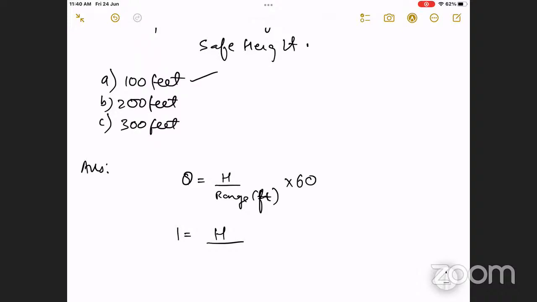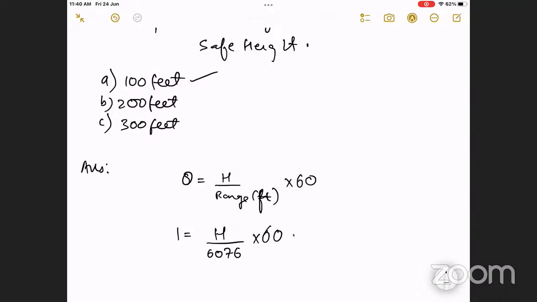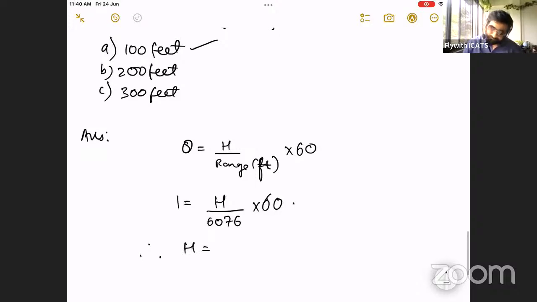Sir, 6076 feet. So 6076 into 60. Therefore, H is equal to 6076 divided by 60 into 1. So 1 is just 1.